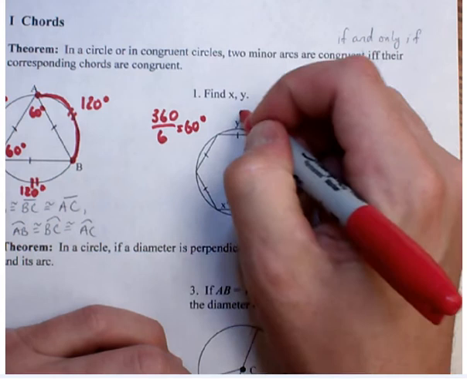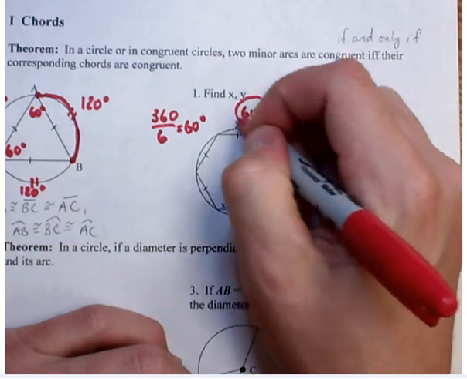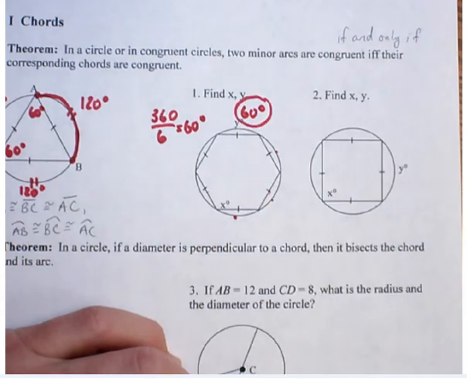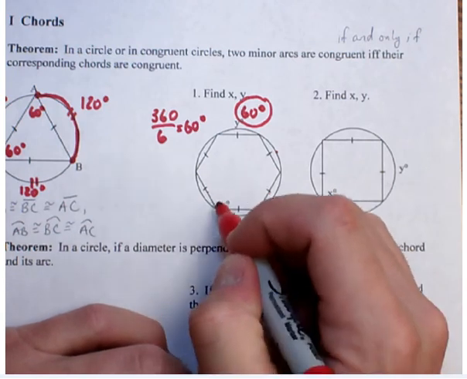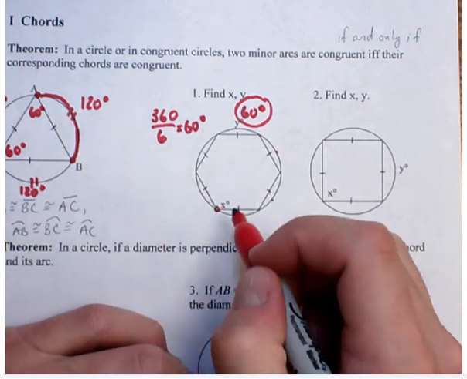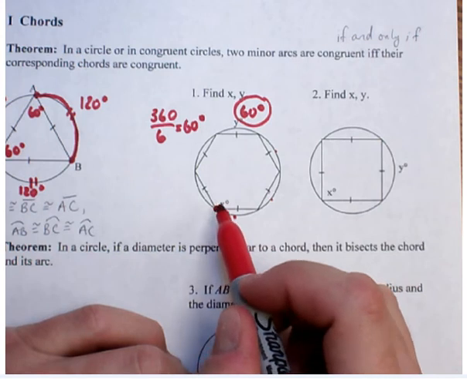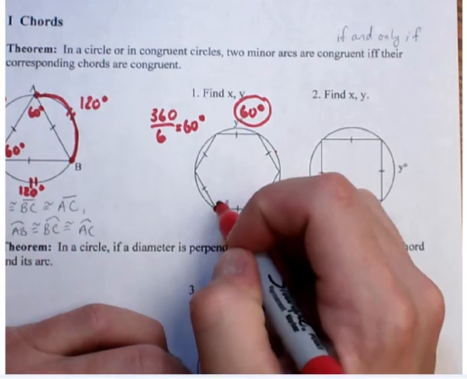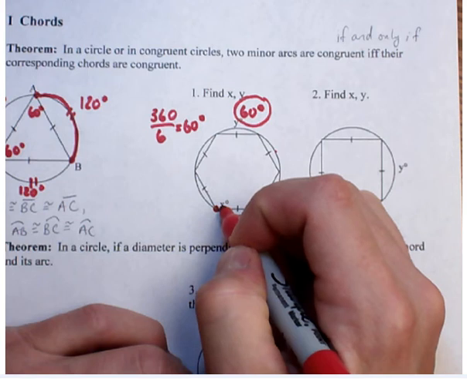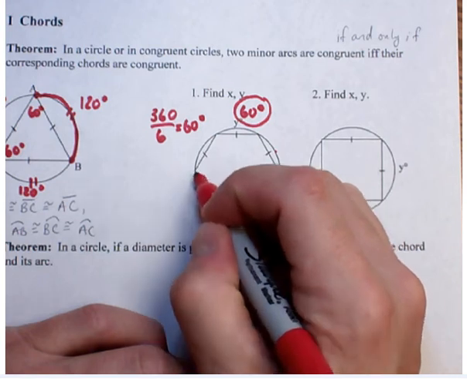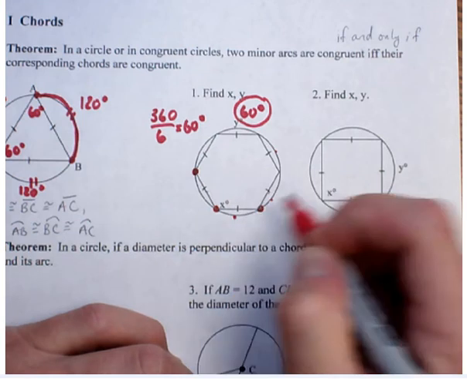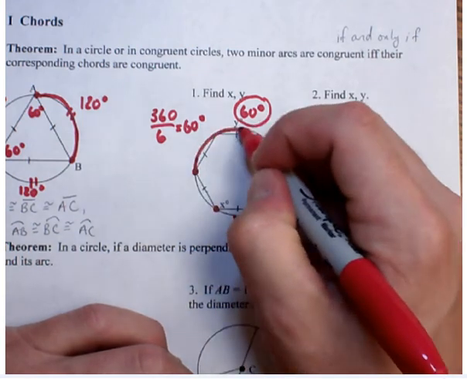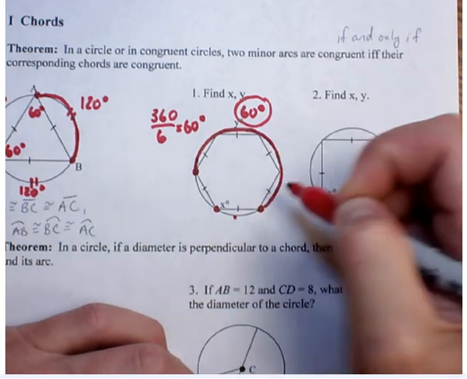So the value for y is going to be 60. Now to get x, x is not an arc measure, x is an angle. The vertex of the angle is on the circle right here. If we trace out this angle that creates x, it would intersect the circle here and here, and so this would be the arc that gets intercepted.